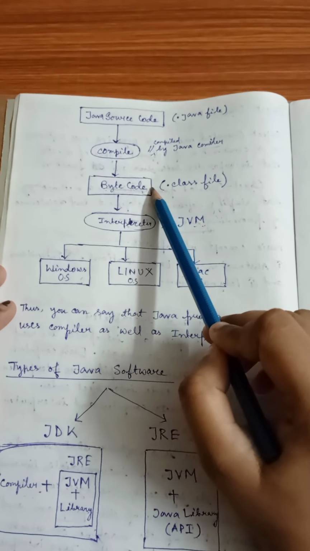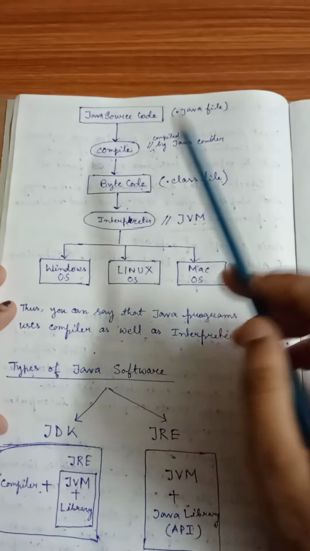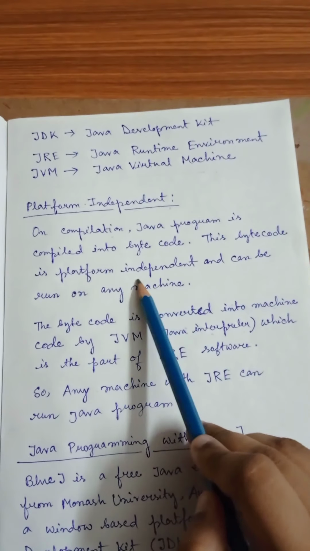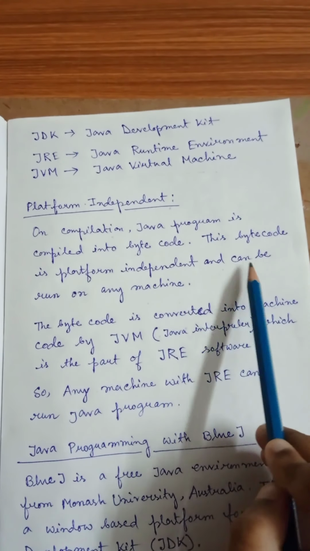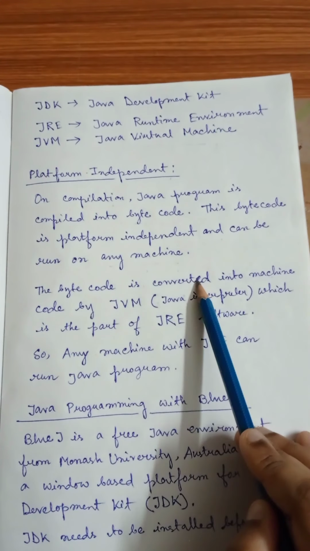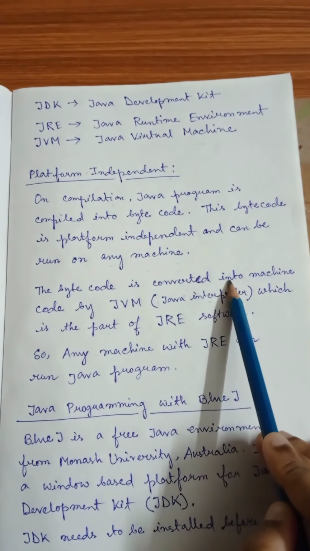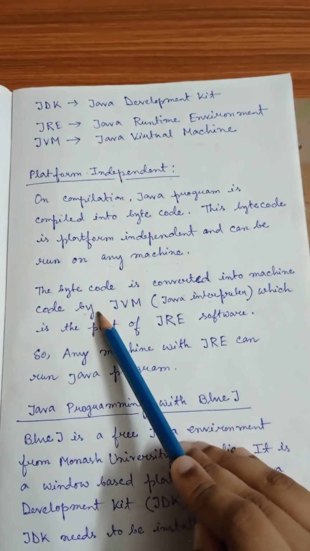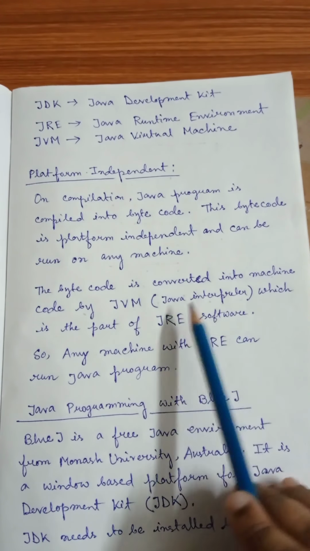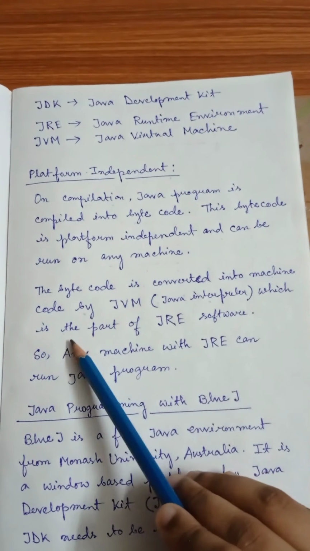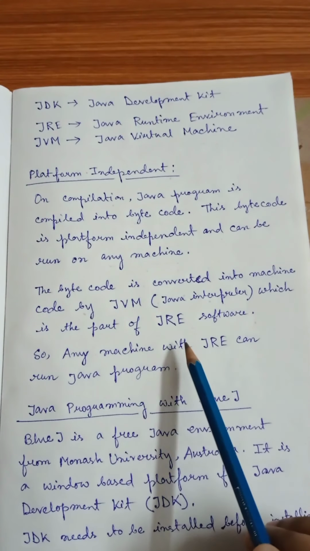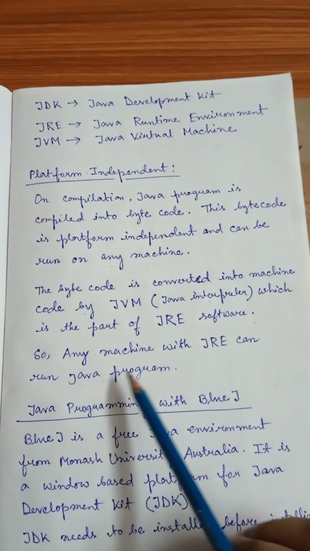This bytecode is platform independent and can be run on any machine. The bytecode is converted into machine code by JVM. JVM is the Java interpreter, which is part of JRE software. So, any machine with JRE can run a Java application.